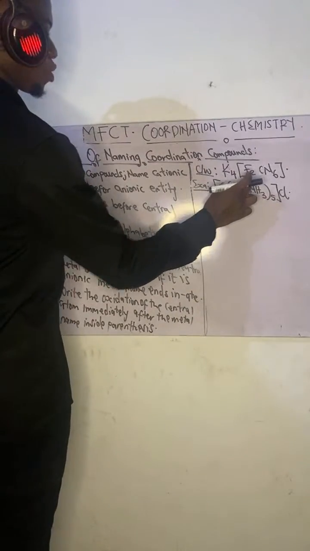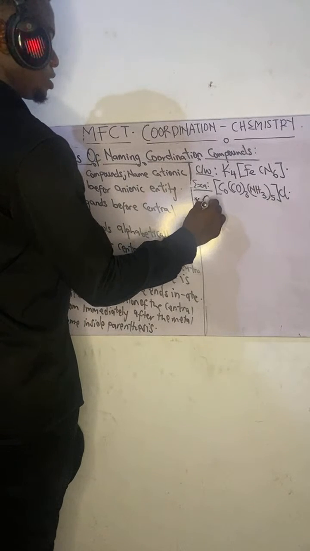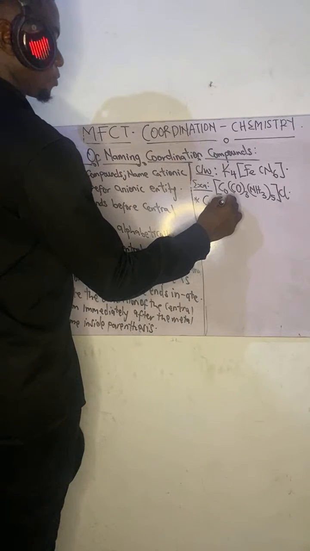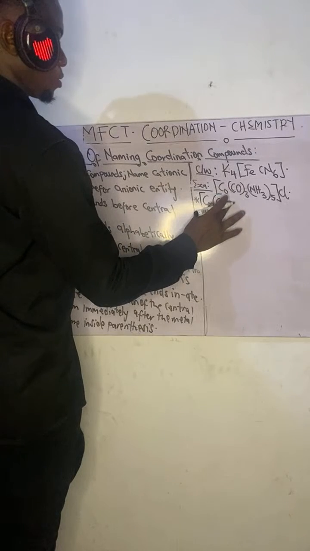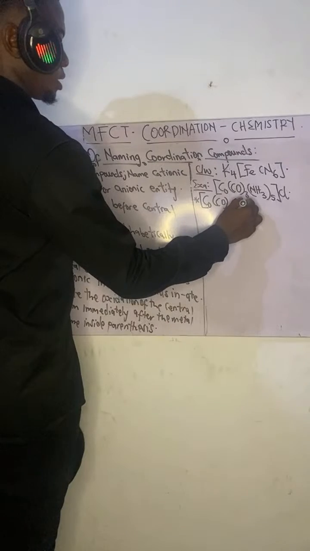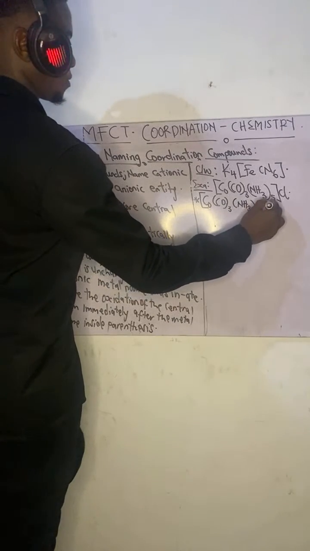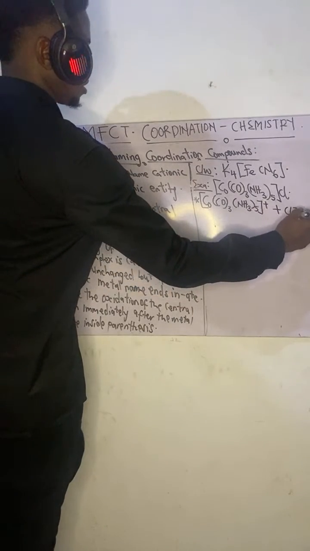If we ionize this particular compound, then we are going to get [Co(CO)3(NH3)5]+ and Cl- ions.